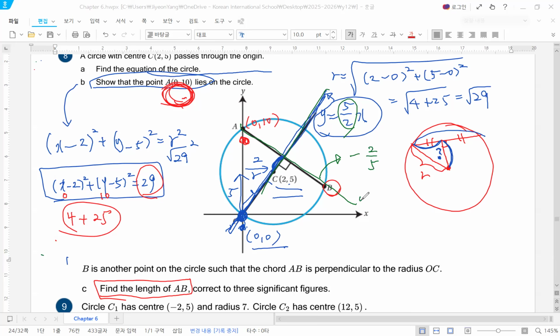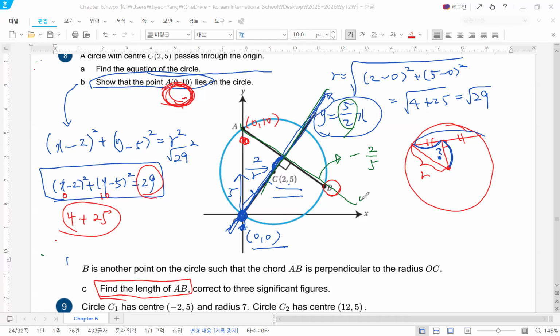So plus 10. Therefore, you can find the point of intersection. Can you see that? Point of intersection. So y equals 5 over 2 x, and y equals negative 2 over 5 x plus 10.